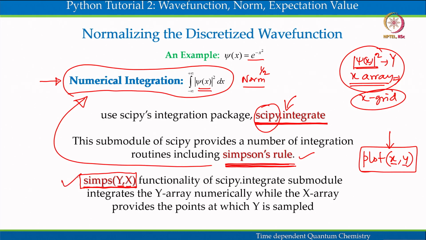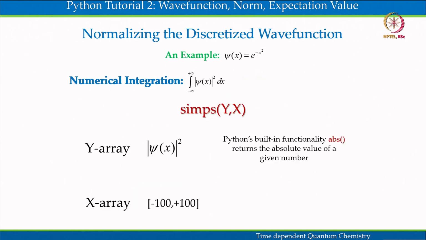It is a very simple thing, and it is pre-written code. Once you invoke this simps functionality, it actually uses that pre-written code in the Python SciPy integrate submodule, and it will give me the result. So what we will do in our present problem is take the square of the absolute value of the wave function.